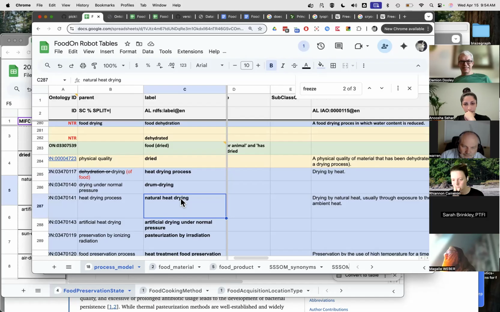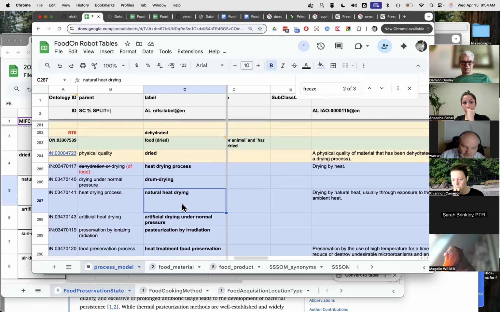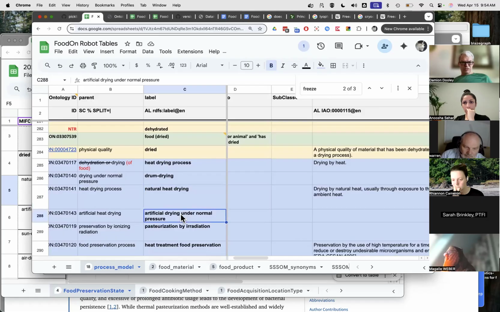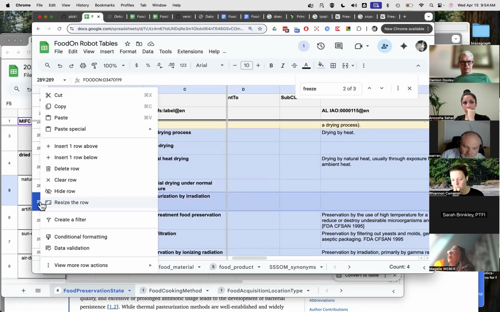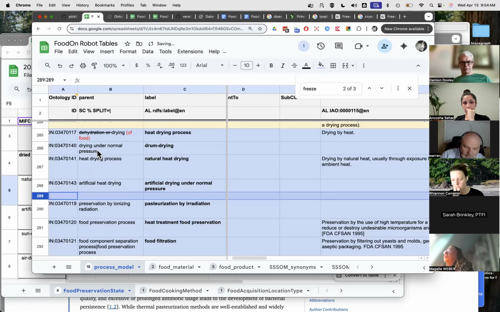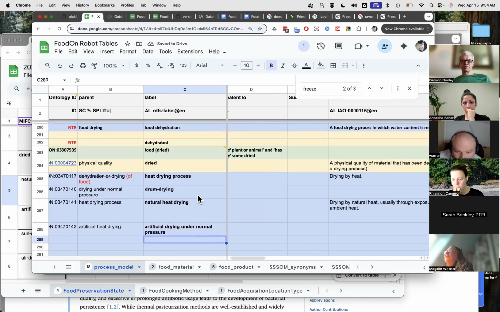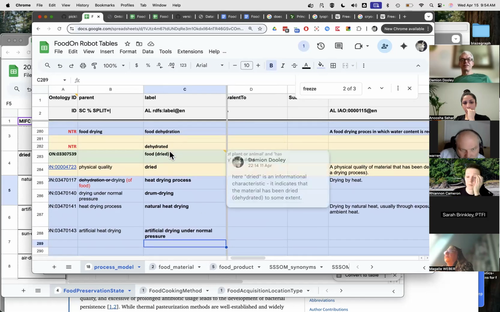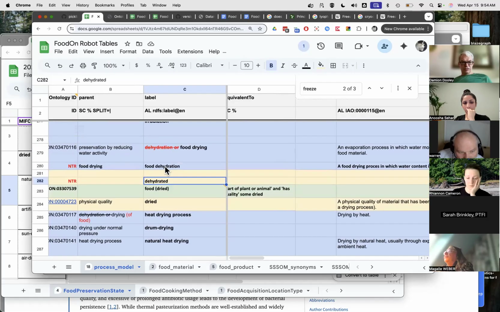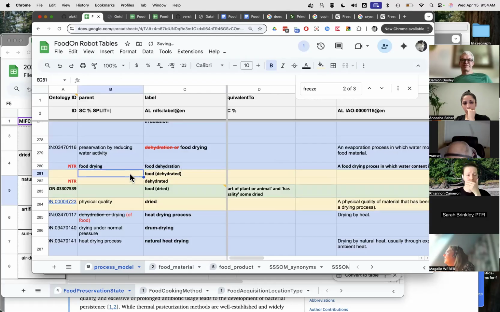Natural or artificial heat is covered by dehydration as well as the freezing options. I am wondering if dehydration is not the consequence of drying, the result of drying, the outcome of the drying process. It's a kind of consequence.